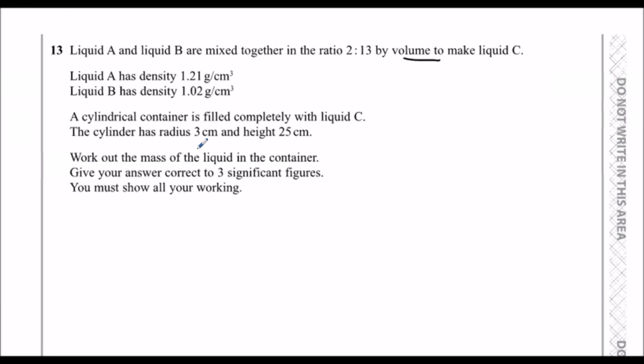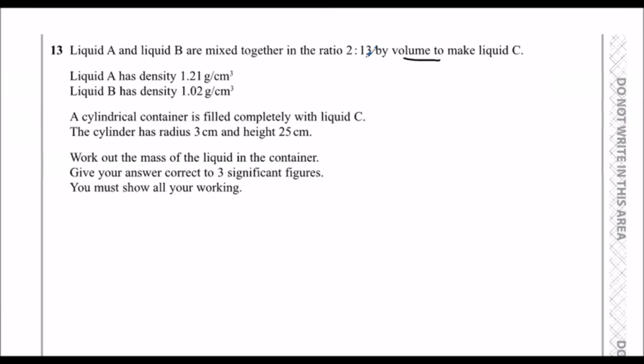A cylindrical container is filled completely with liquid C. The cylinder has a radius of 3 and a height of 25. So we can use this volume for the total volume of liquid C and then share that in the ratio.